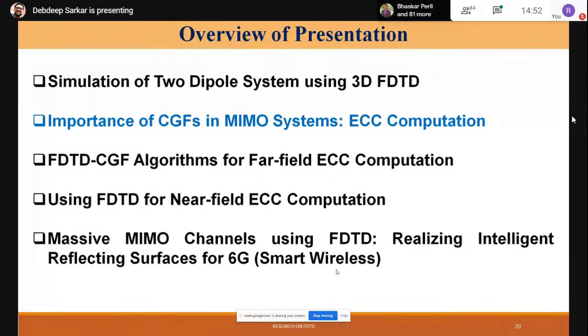MIMO stands for multiple input, multiple output antenna systems. For some of the problems relevant to that, we applied our FDTD routine to verify our concepts, and some of the things actually came up from the FDTD analysis. I'll discuss them one by one.